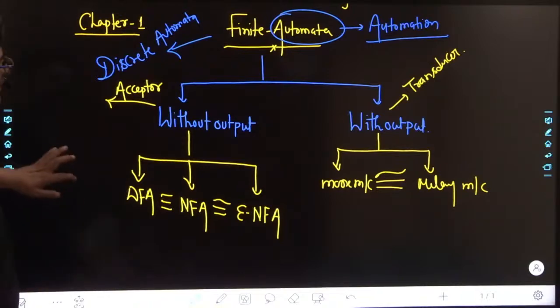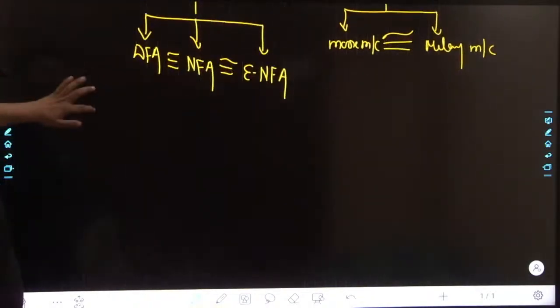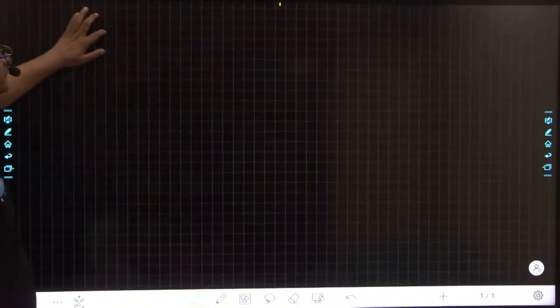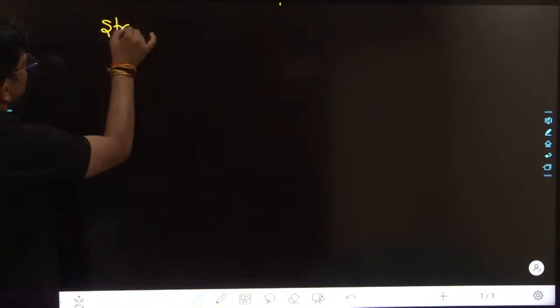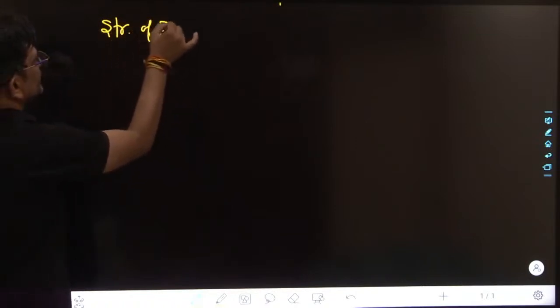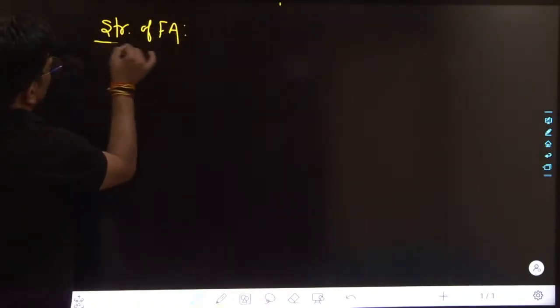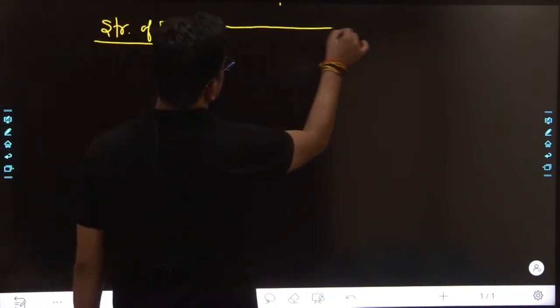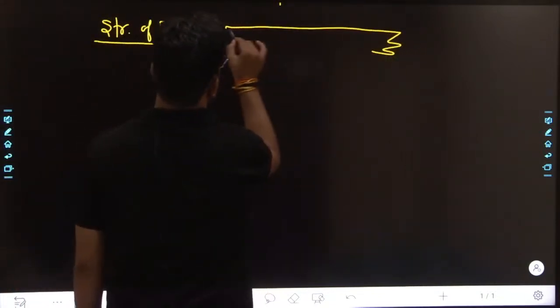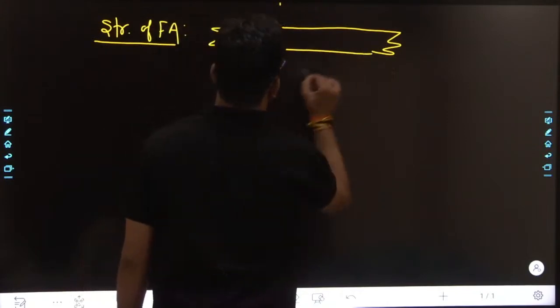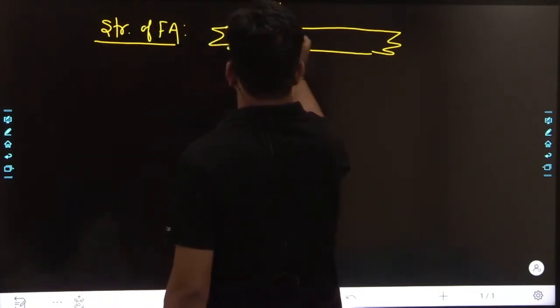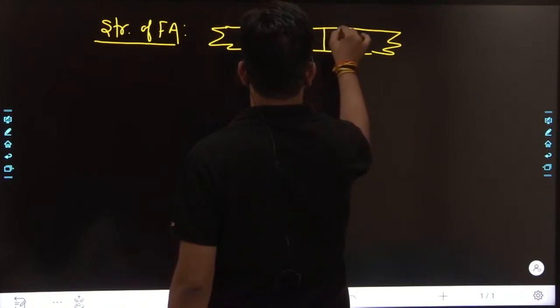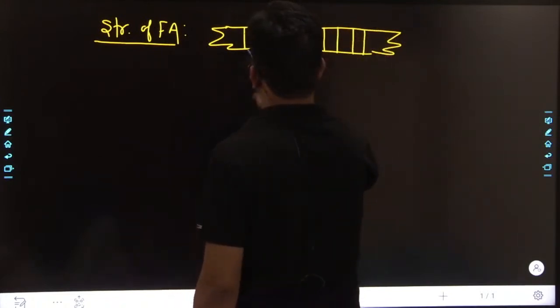Okay. Now, see the structure of finite automata. Finite automata have an infinite tape. This infinite tape is divided into cells.